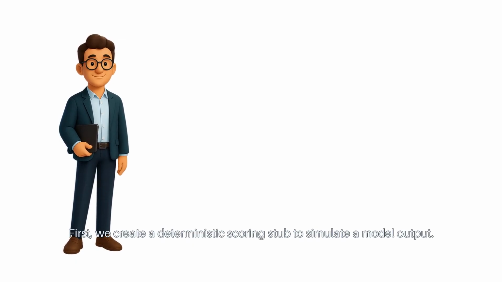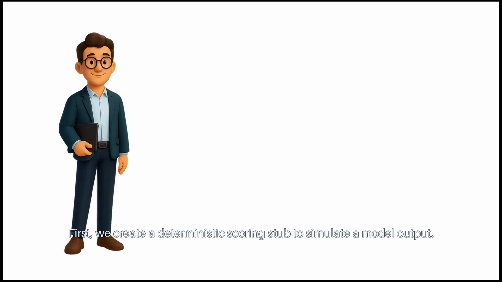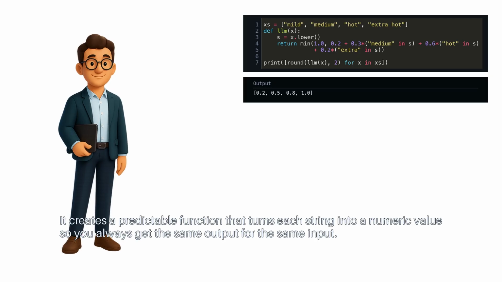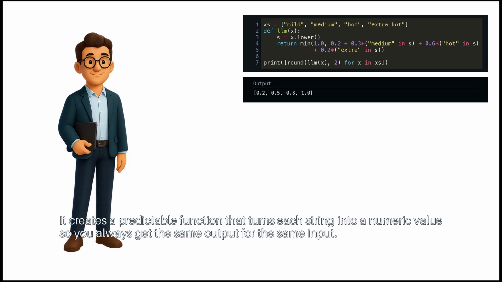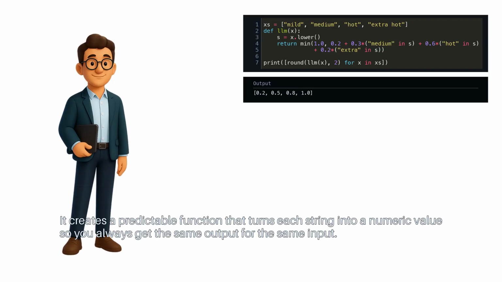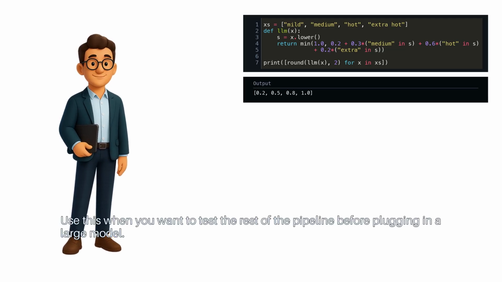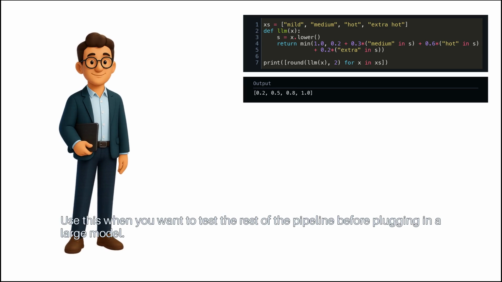First, we create a deterministic scoring stub to simulate a model output. This snippet builds a deterministic stub that maps text to numeric scores. It creates a predictable function that turns each string into a numeric value, so you always get the same output for the same input. Use this when you want to test the rest of the pipeline before plugging in a large model.